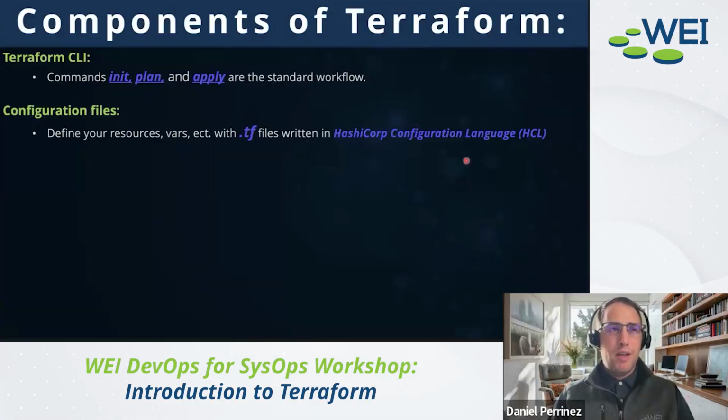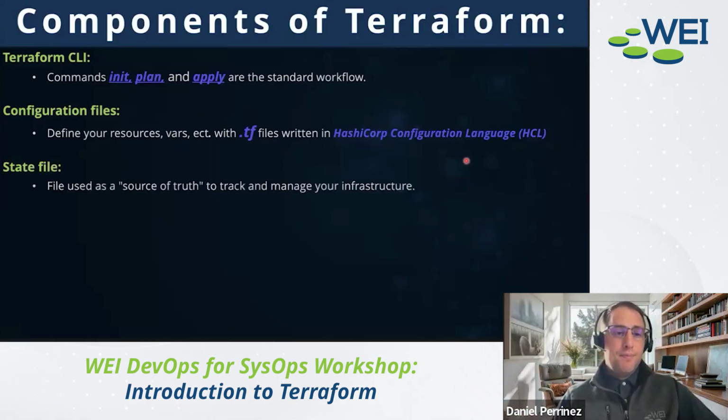Shouldn't say proprietary. They've been open source enough that there's other competitors like OpenTofu that have forked Terraform. But HCL, that's what it stands for, HashiCorp Configuration Language. Don't worry about it. It's not too closed off if you're scared about proprietary stuff.